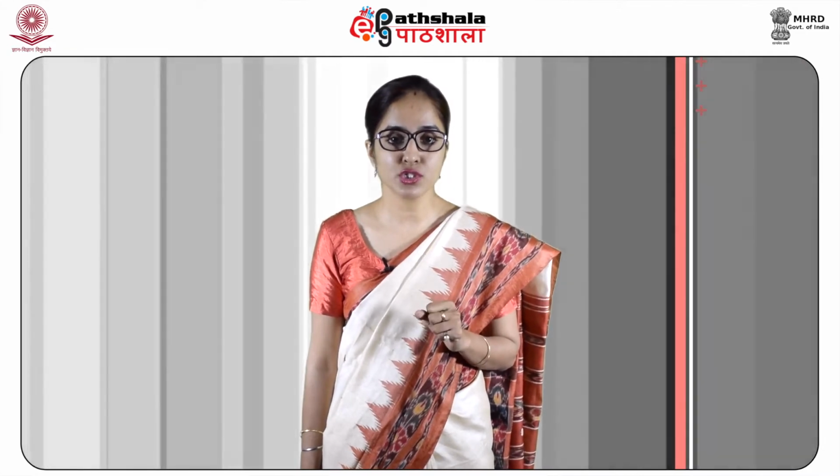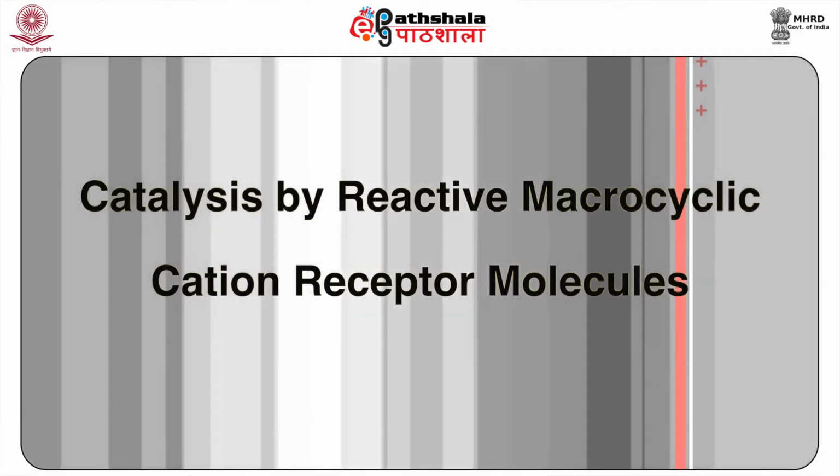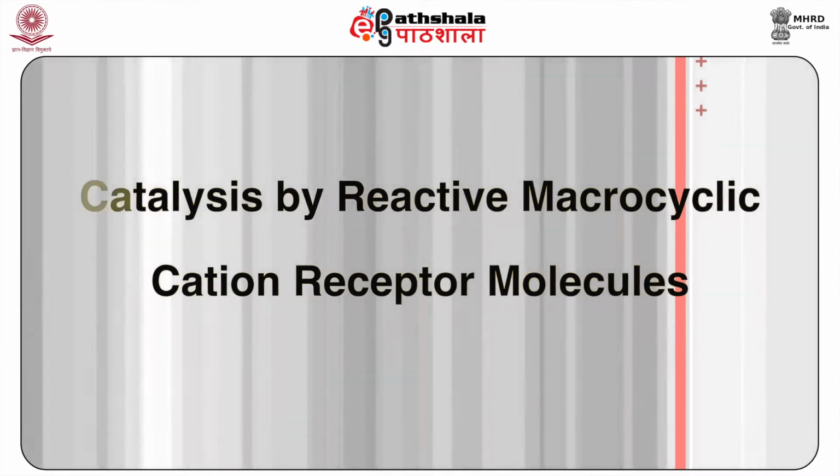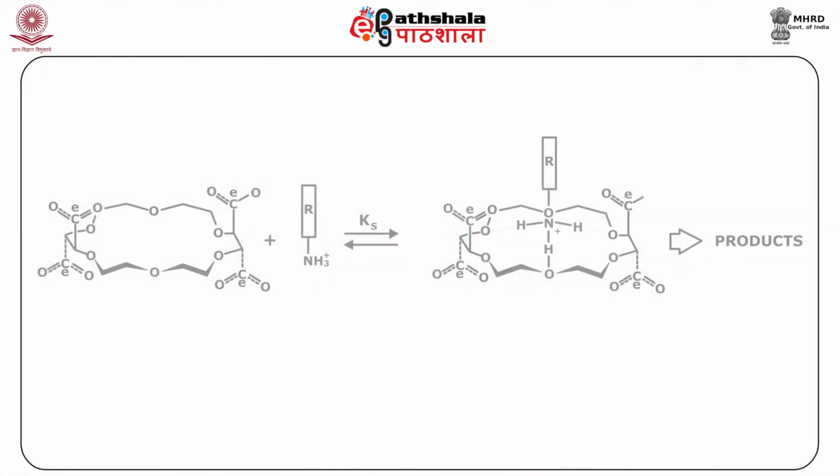Now, students, having introduced to you the topic of supramolecular catalysis, we shall now concentrate our attention on the catalysis by reactive macrocyclic cation receptor molecules. The most important example for catalysis by reactive macrocyclic cation receptors is the deacylation of O-acetyl hydroxylamine in presence of the macrocyclic polyether bearing 4 carbonyl groups derived from tartaric acid.